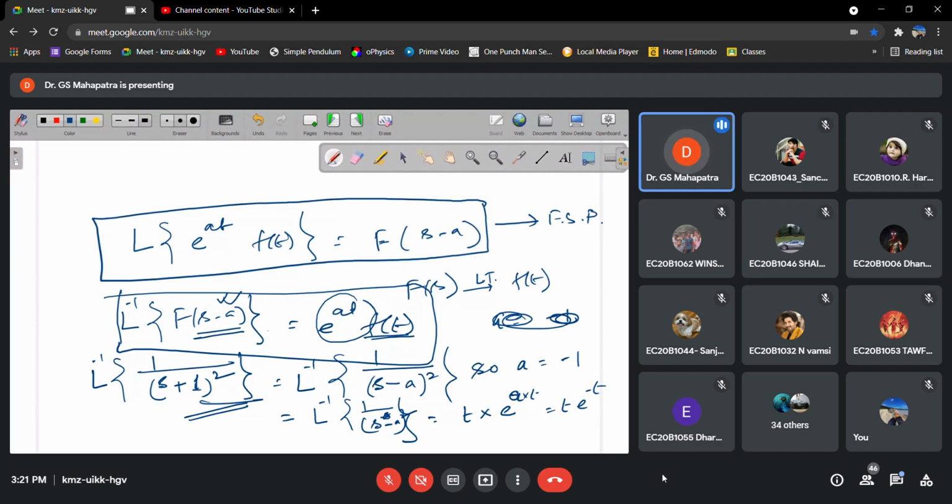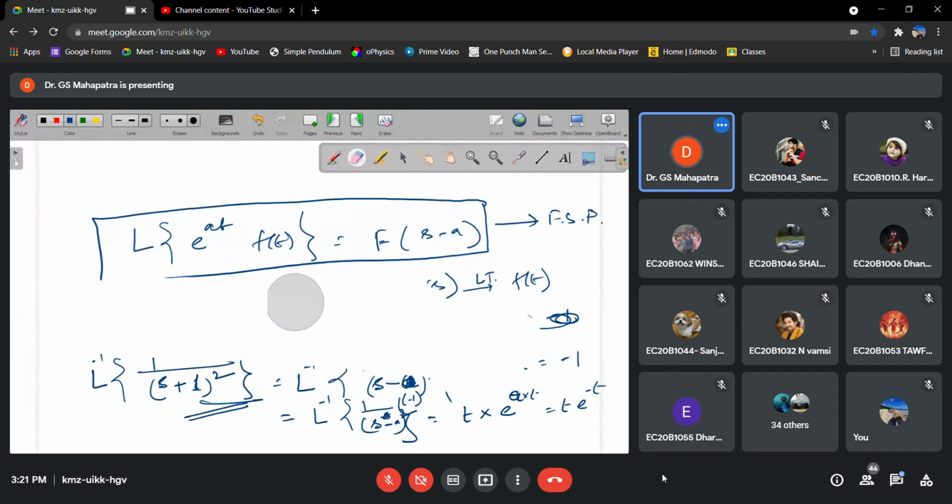So in this one, you need not write so many steps. I have written this only for discussion. s minus of minus 1, (s minus of minus 1) whole square. I will write clearly for your understanding.